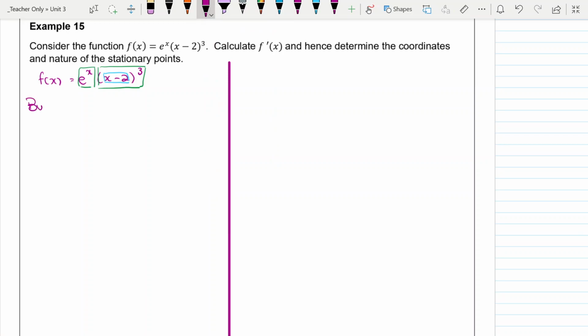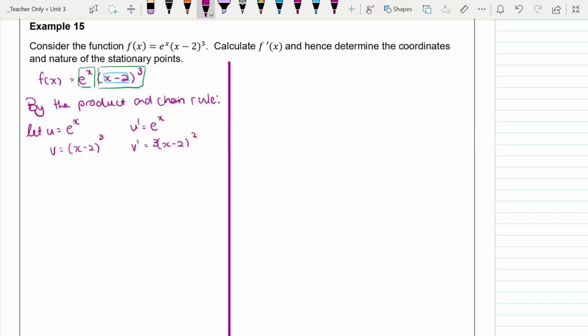Okay, so by product and chain rule, I'm going to let u equal e to the x and v equal (x take 2) all cubed. u dashed will still just be e to the x, and v dashed will be 3(x take 2) squared. Okay, so f dashed of x will be u dashed v plus v dashed u.